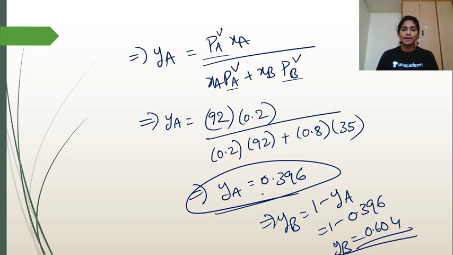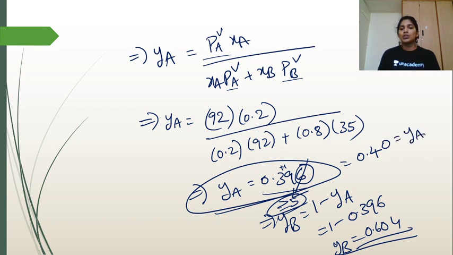So here what we had was 0.396. If you round off, you should cancel this 6 as it is greater than 5, so 1 should be added to 9. So from this we get 0.40. So the mole fraction of component A which is in equilibrium with the second component is 0.40.